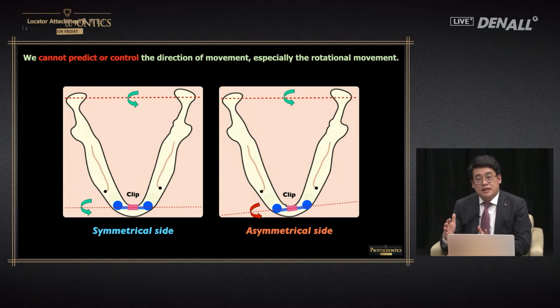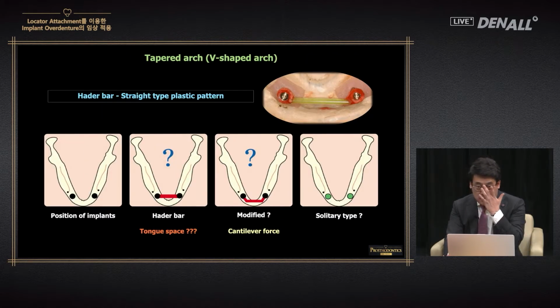If you place implant asymmetrically, resistance is made against the different movements. The position of the implant placement should differ depending on the shape of the arch. Arch shape can be divided into V shape, U shape, and oval shape.